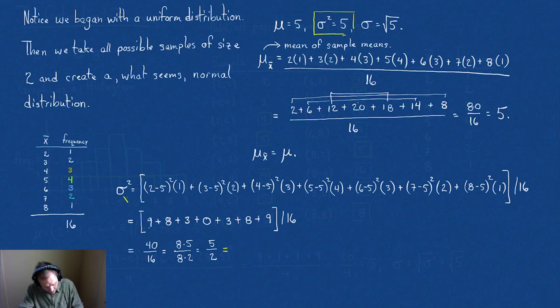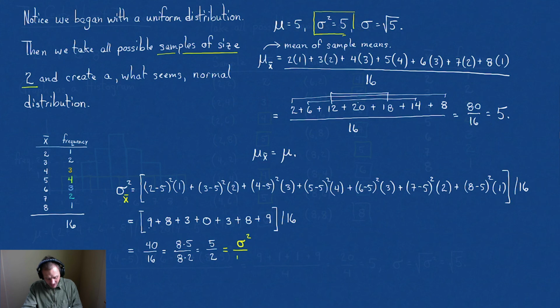The variance of the sample means is equal to the variance of the original problem divided by, now it's got this 2. Where in the world have we seen this 2? Well, remember what we did? We took samples of size 2. Yeah, that's the same 2.